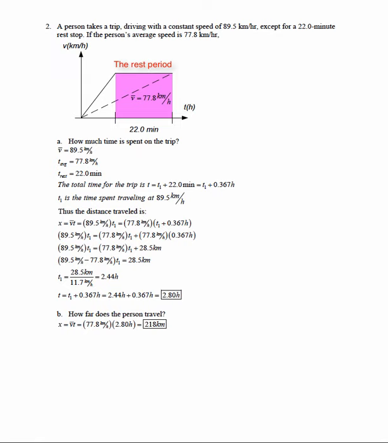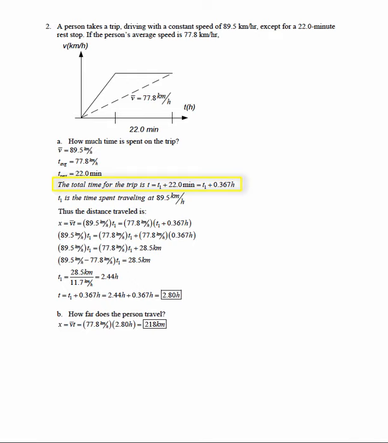The average velocity then given in the problem is 77.8 kilometers per hour. And they're looking for us to also take into account the 22-minute rest stop. So we can see here that we've put the 22-minute rest stop into the graph.